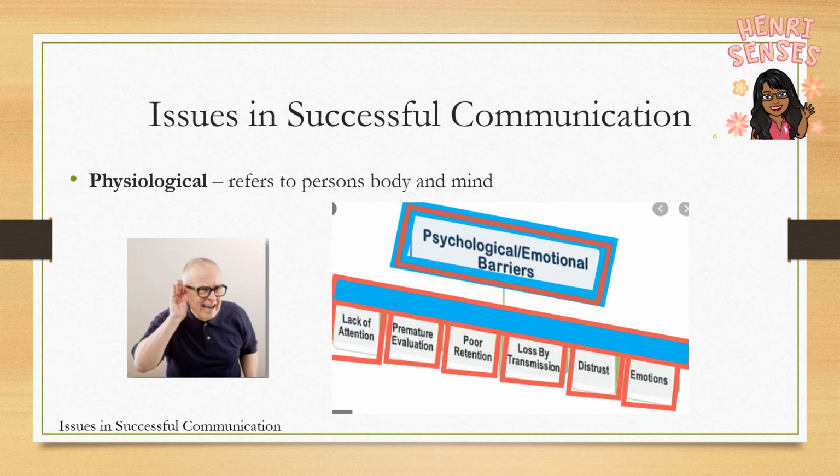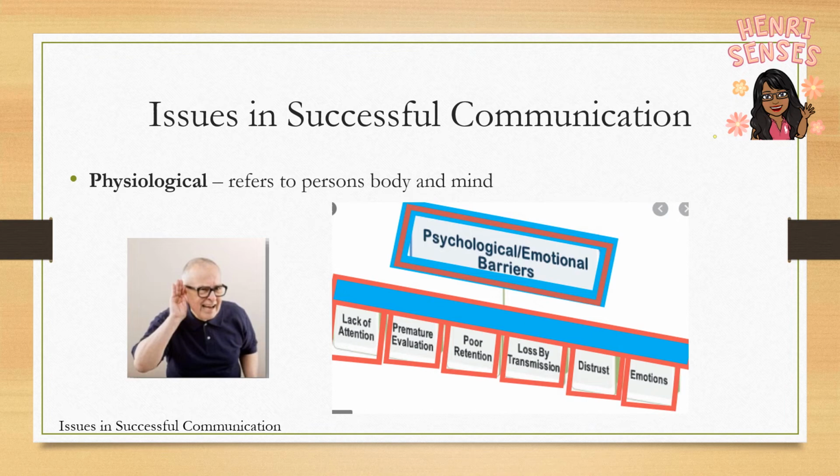Sometimes physiological barriers cause misunderstanding, resulting in people's disagreement. And sometimes they are caused by the receiver's personal discomfort during communication. That is the reason why he is unable to perceive correctly the message being delivered.